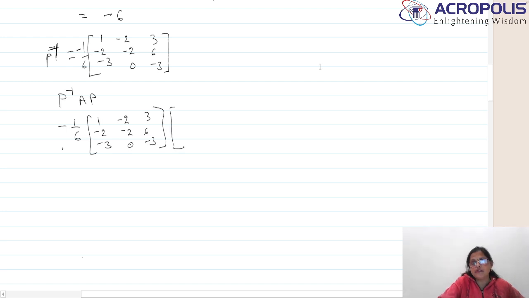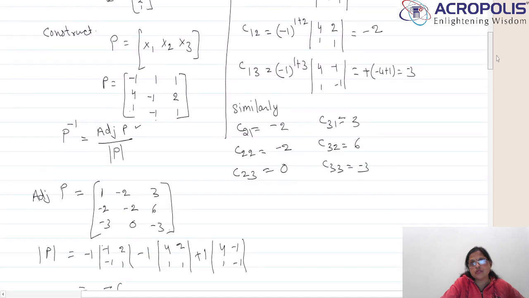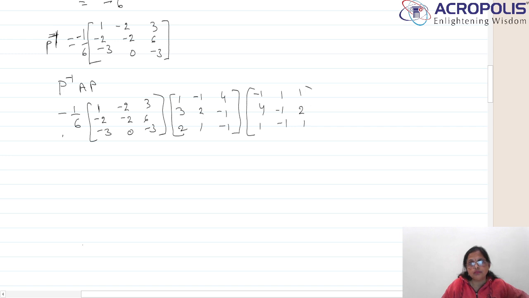The value of A is 1, 3, 2, minus 1, 2, 1, 4, minus 1, minus 1. And what is P? P is equal to minus 1, 4, 1, 1, minus 1, minus 1, 1, 2, 1.